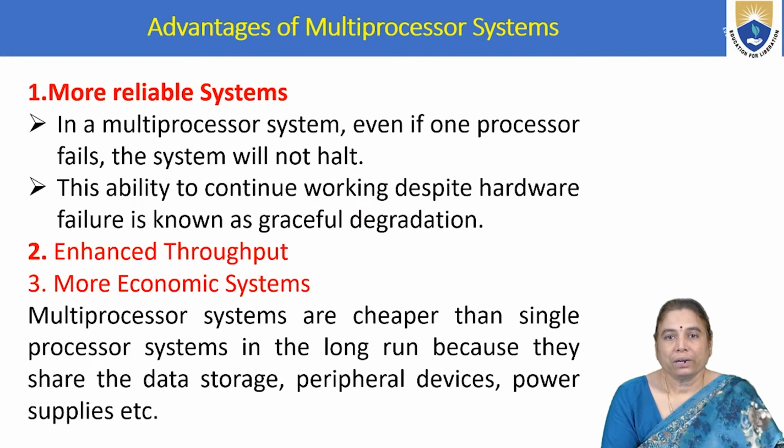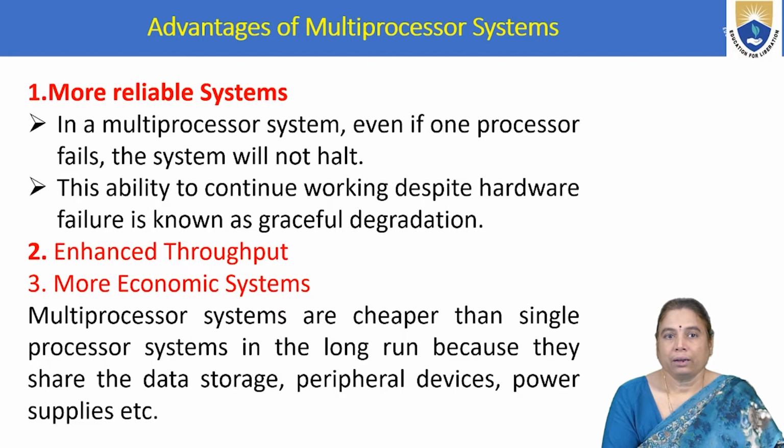What are the advantages of these multiprocessor systems? These are more reliable systems because multiple processors are employed. If one processor fails, then the other processor can share the load so that the system can still give functionality to the user.